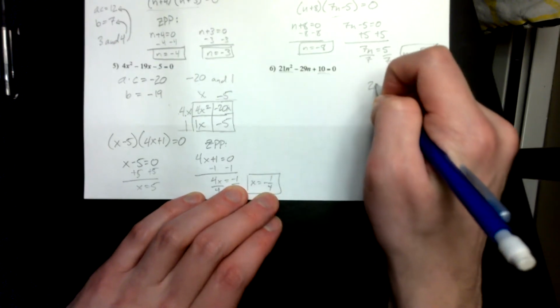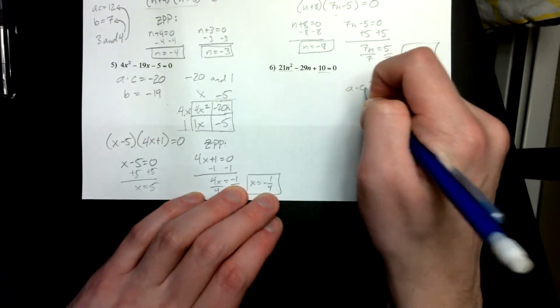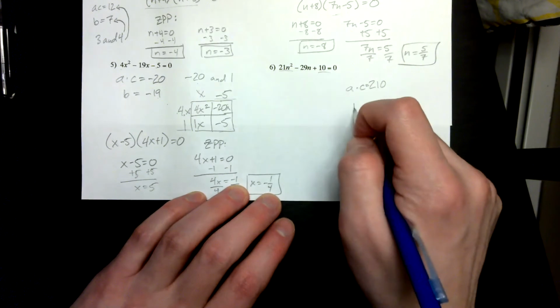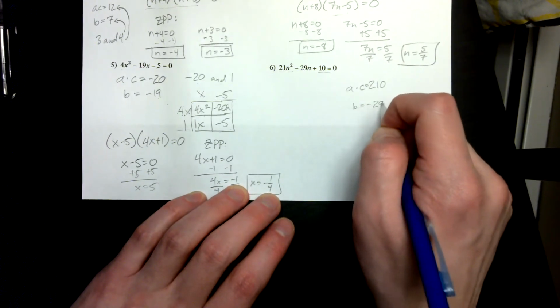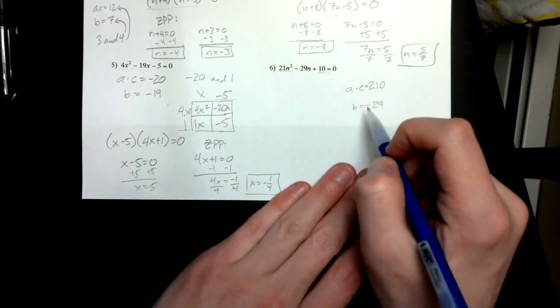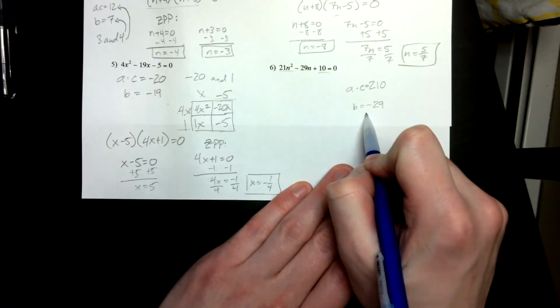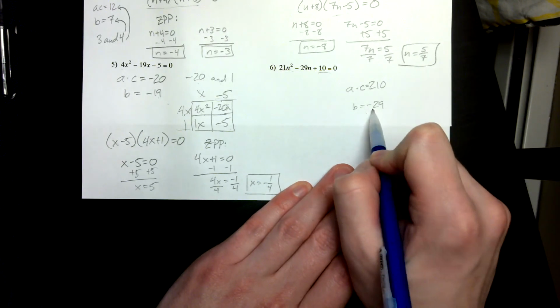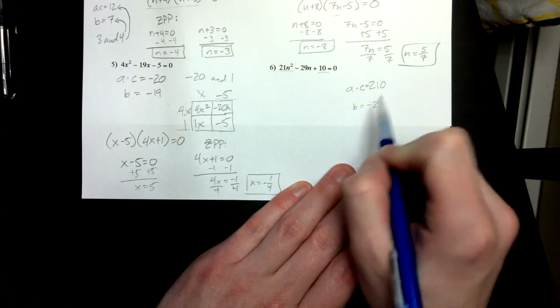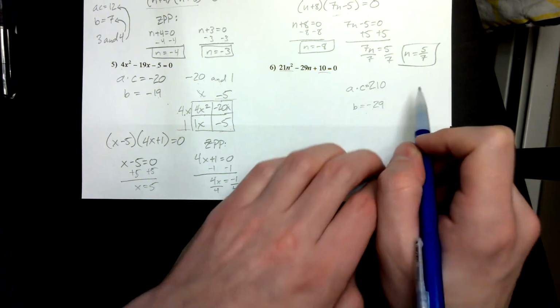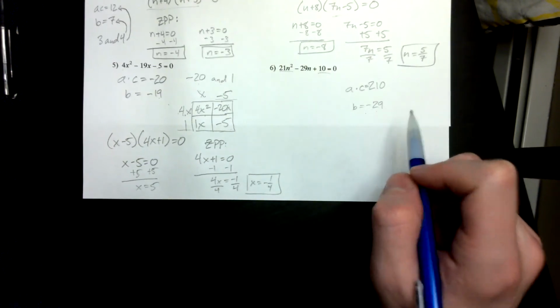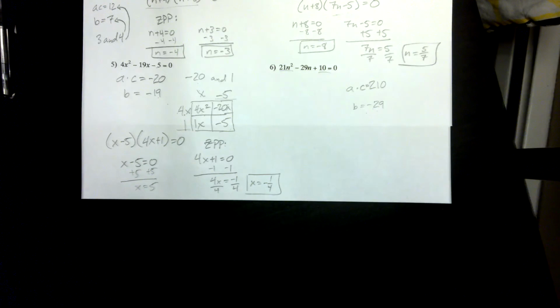AC is 210. B is negative 29. Okay, this is giving me a hint that probably both of them have to be negative. Because if both of them are negative, then I can multiply to give me a positive number. And they will add to be negative. So let's find our factors of 210.